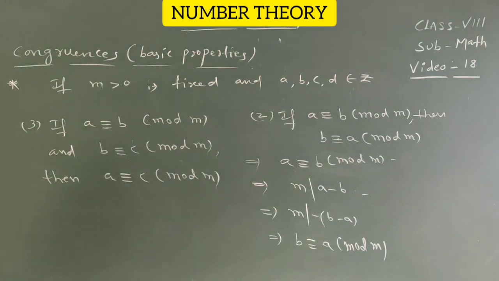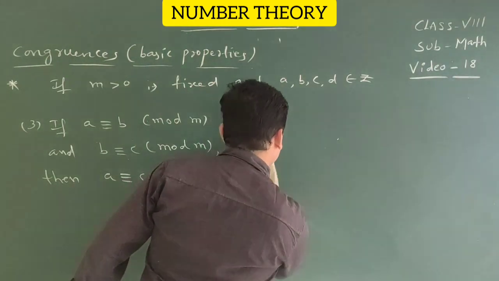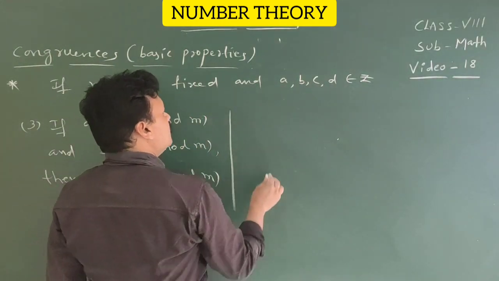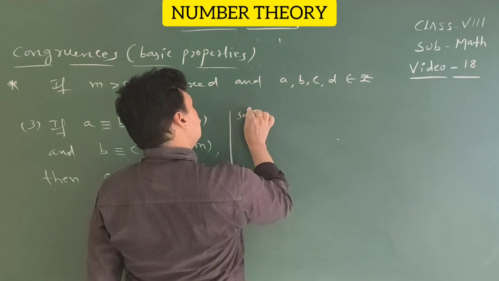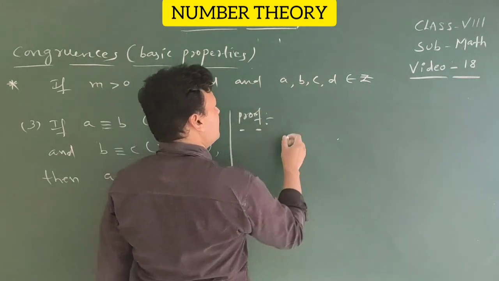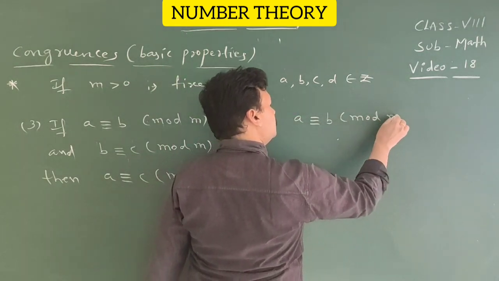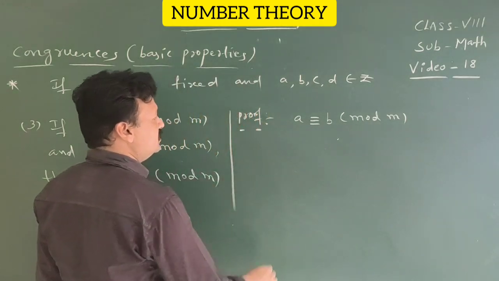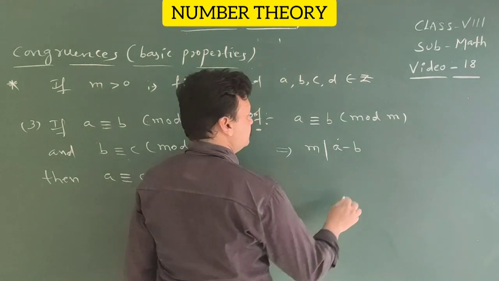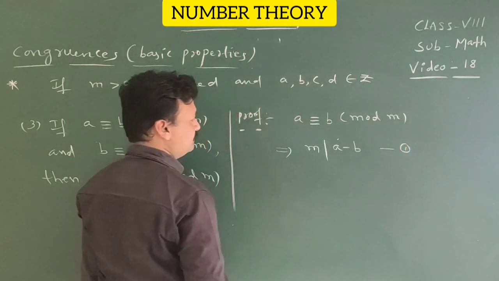Okay, for proving this condition, first the proof. What is given? a is congruent to b mod m, which means m divides a minus b. Let it be the first equation.